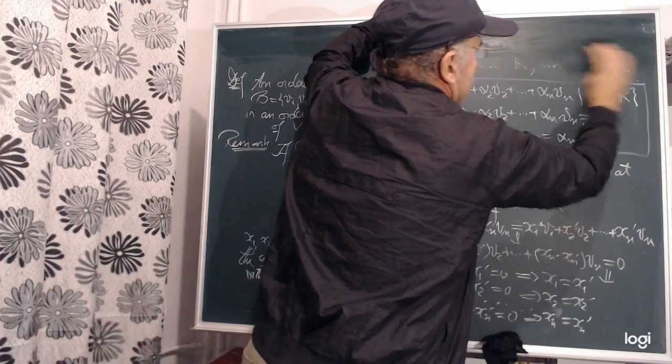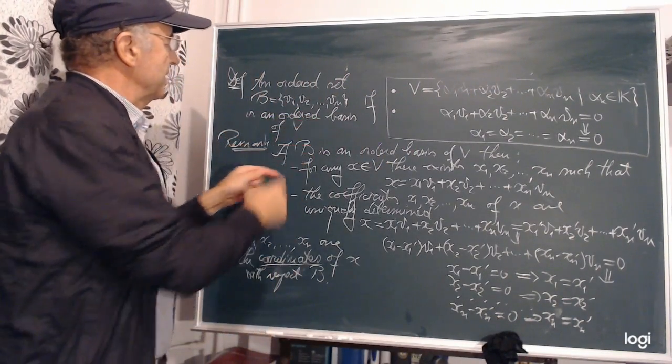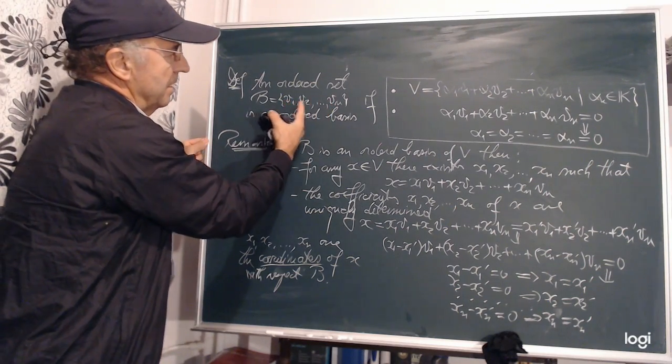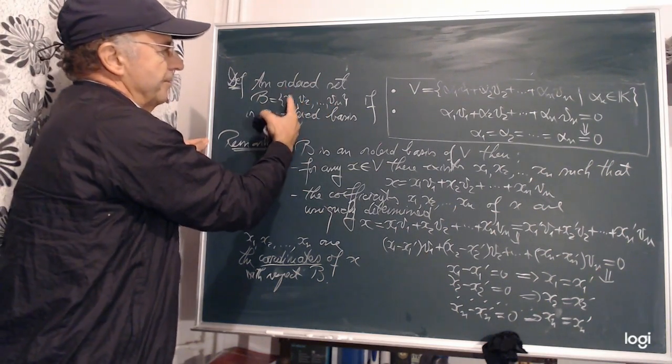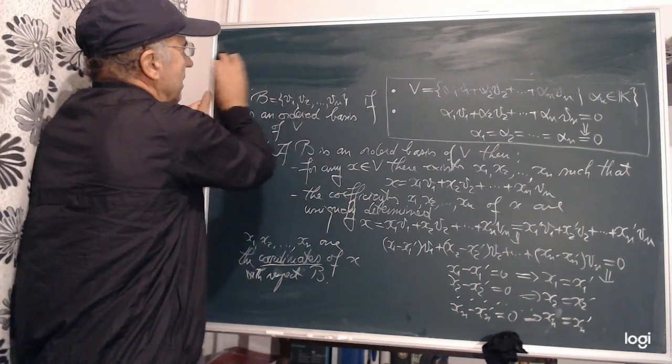We have considered an ordered basis. So the order of the vectors is the indicated order: first vector, second vector, last vector.